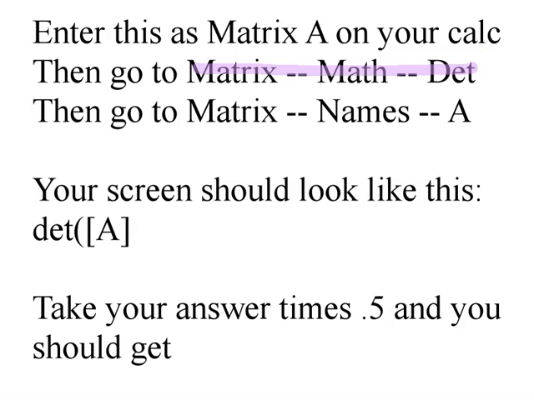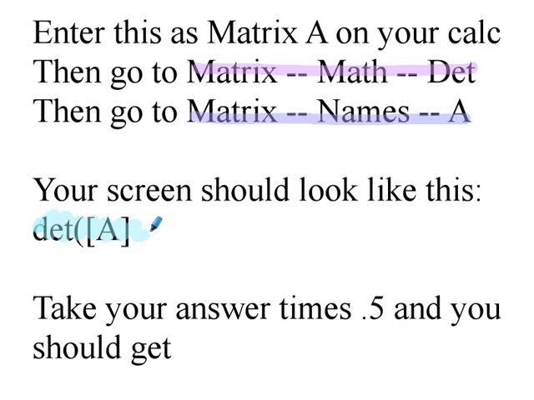Now go back to matrix, and do names, and then A. So your screen should look exactly like this when all is said and done. Your screen should look like what I have highlighted in aqua. If you get that, press enter.